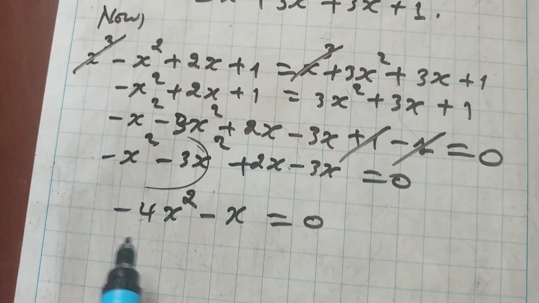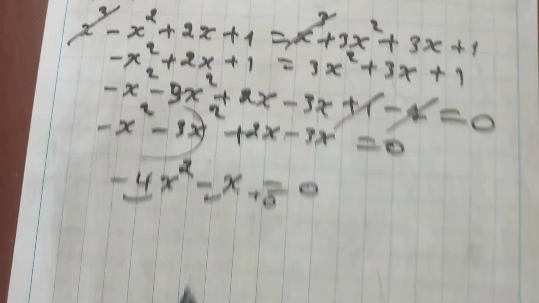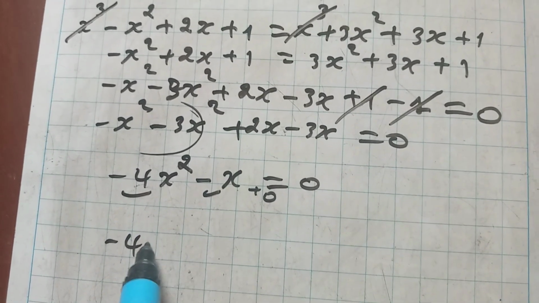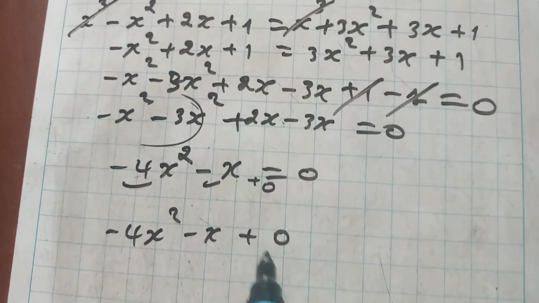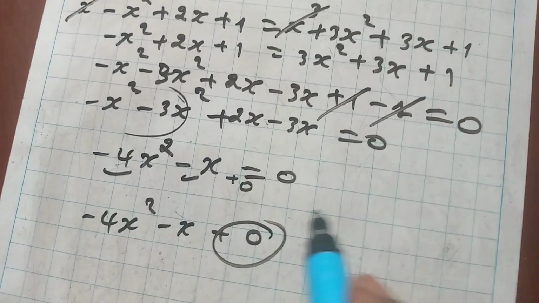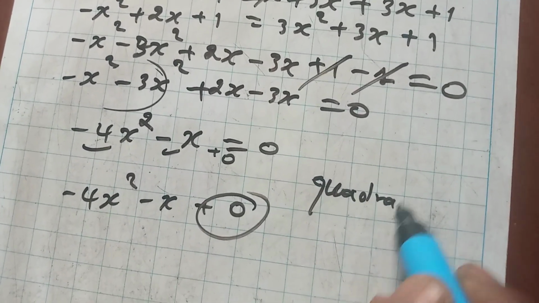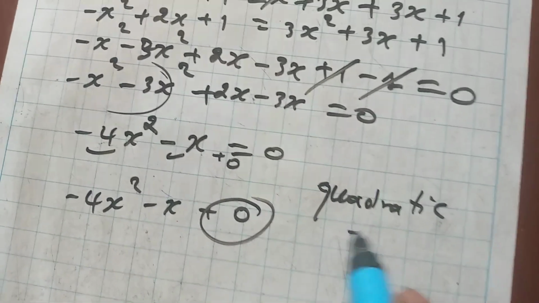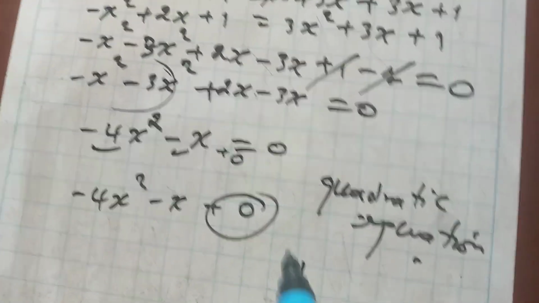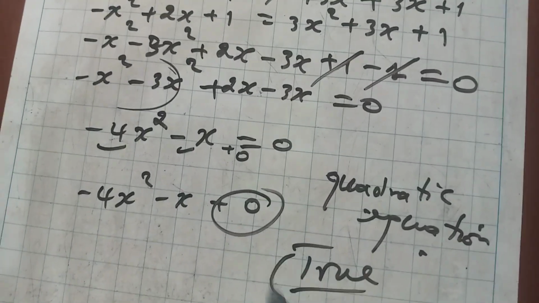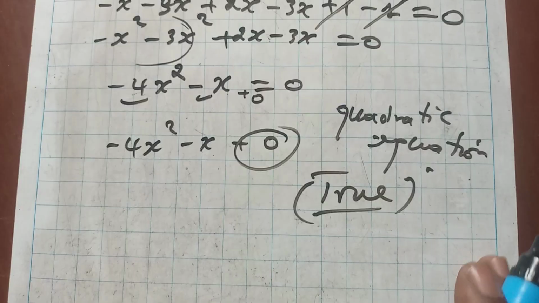Now, you see that this is A, this is B, and the C here is equal to 0. It is the same as having negative 4x squared minus x plus 0. My C is not there. Then this one is a quadratic. This is a quadratic equation. So my expression here is true.